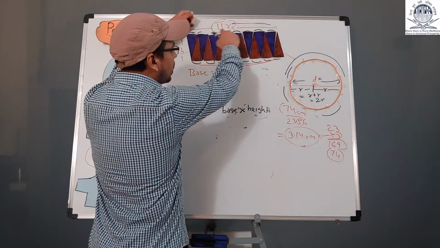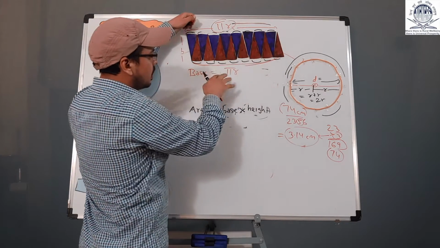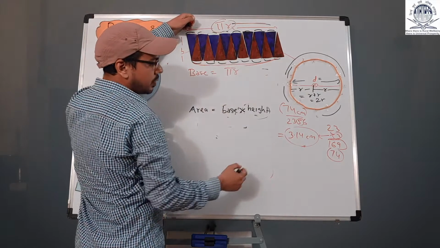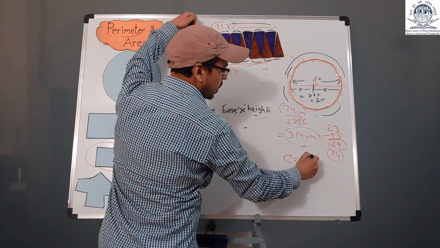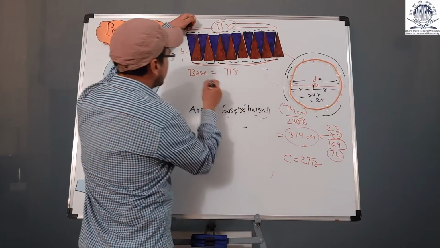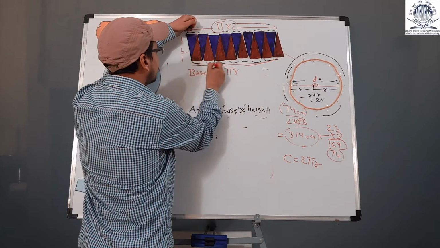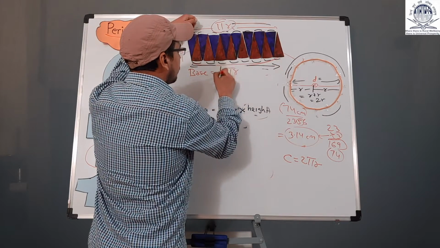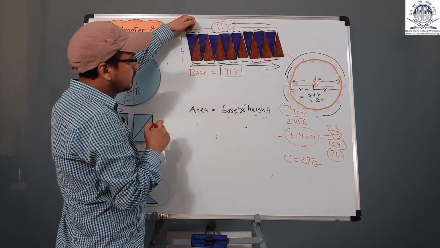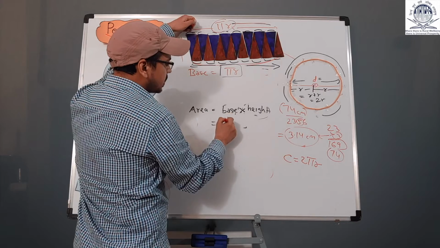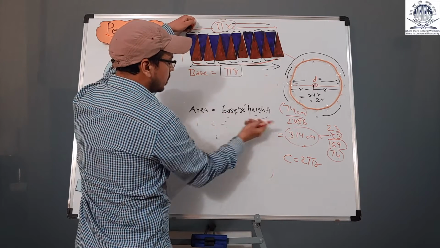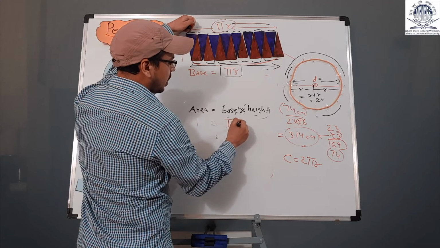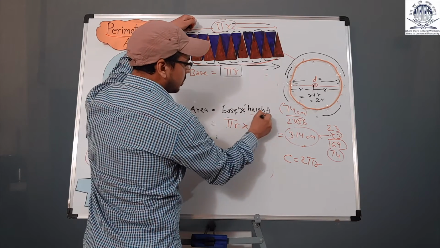Because 1 pi r I had above, the other pi r I had below, both of them forming the circumference C equal to 2 pi r. So yes, this one length from here till here gives me pi r as the base. Now I got base as pi r, so I'm going to substitute base as pi r, and now I need something as height.